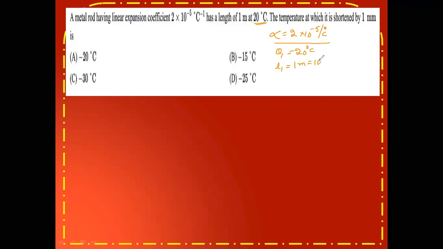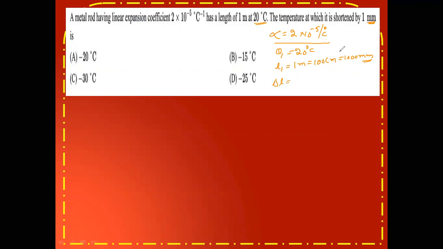This 1 meter equals 100 centimeter, or else I can take it as 1000 millimeter. Sir, what is the need of conversion to mm? Because if you read the question completely, then only you can know. Now, the temperature at which it is shortened by 1 millimeter.